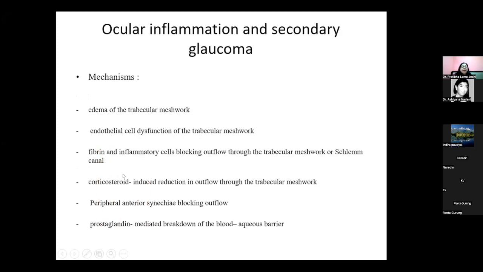Ocular inflammation and secondary glaucoma. Now, many ocular inflammations are also responsible for secondary open angle glaucoma.